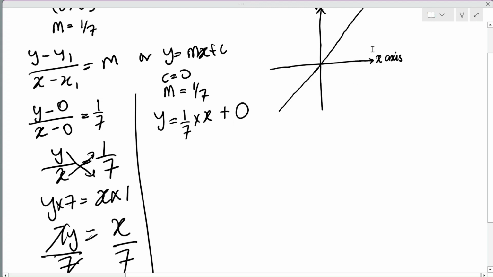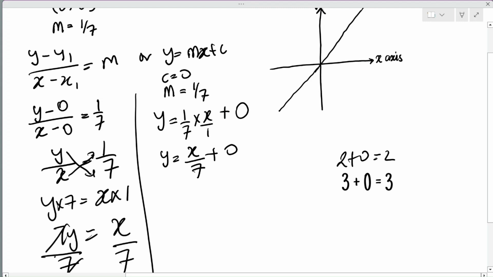That's the y-intercept, where the line crosses the y-axis. It crosses it at point (0, 0), where the coordinate of x is 0 and the coordinate of y is also 0. Y equals, you can say this is over 1. 1 times x is x over 7 times 1 is 7 plus 0. Anything plus 0 is that same thing. It's like having 2 plus 0 is 2, 3 plus 0 is 3, and so on.